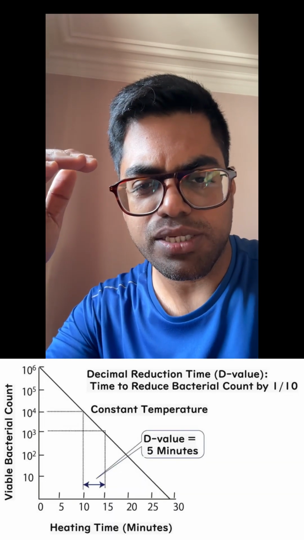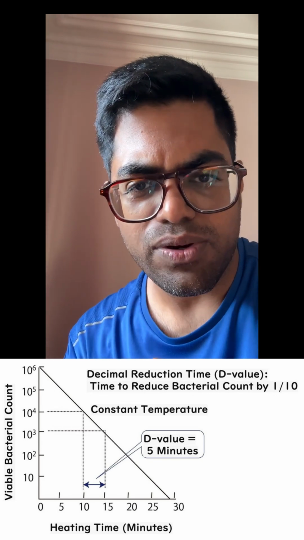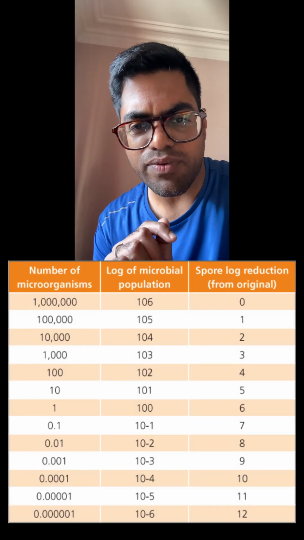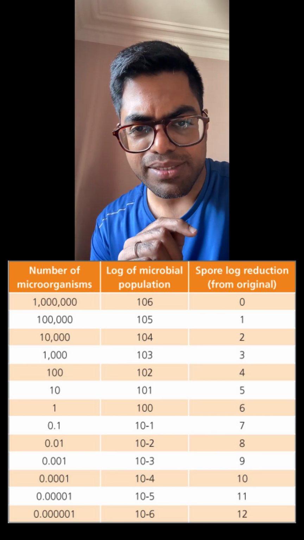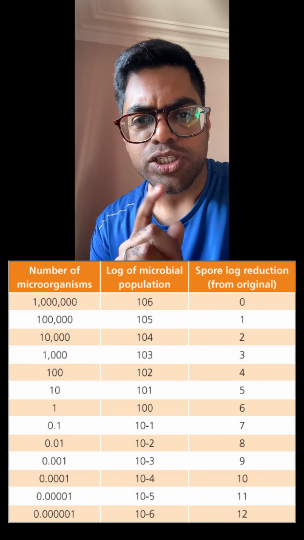The D value is the time in minutes where you see the decay of the biological population by 90%, so if the population is 100, it becomes 10. D value is depicted as time in minutes, and we calculate how much log reduction we need to claim better than 10 to the power minus 6 sterility, which is 12.